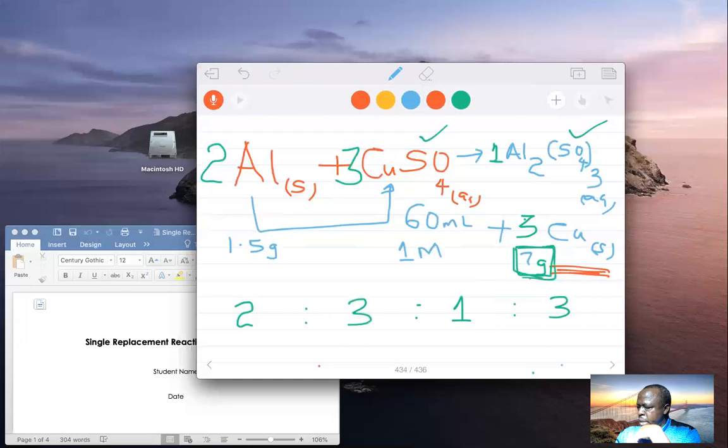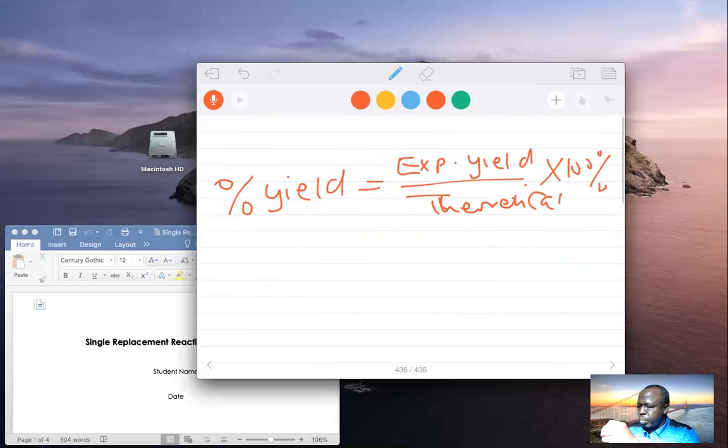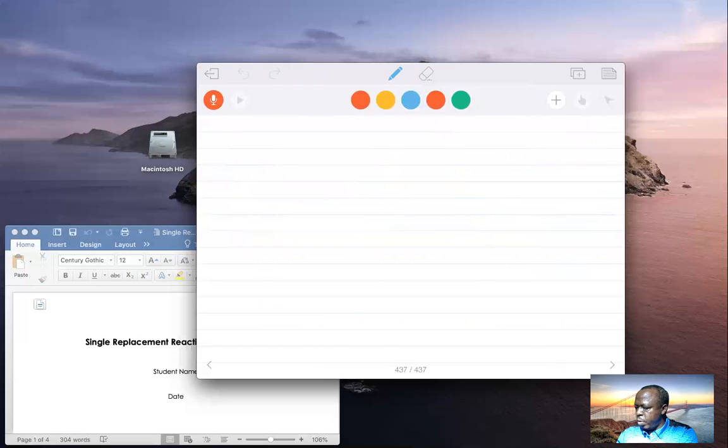In determining the theoretical yield, we need to find the limiting reagent. The amount obtained from the limiting reagent is your theoretical yield. Let me rephrase it again. The limiting reactant gives you the theoretical yield. The reactant which gives you less amount of the desired product will be your limiting reagent.